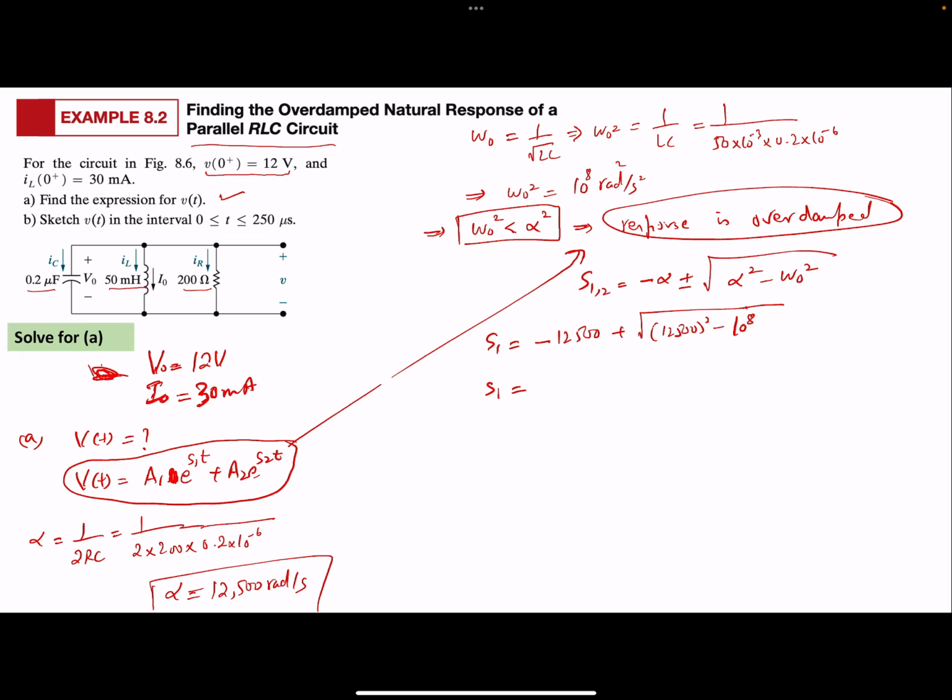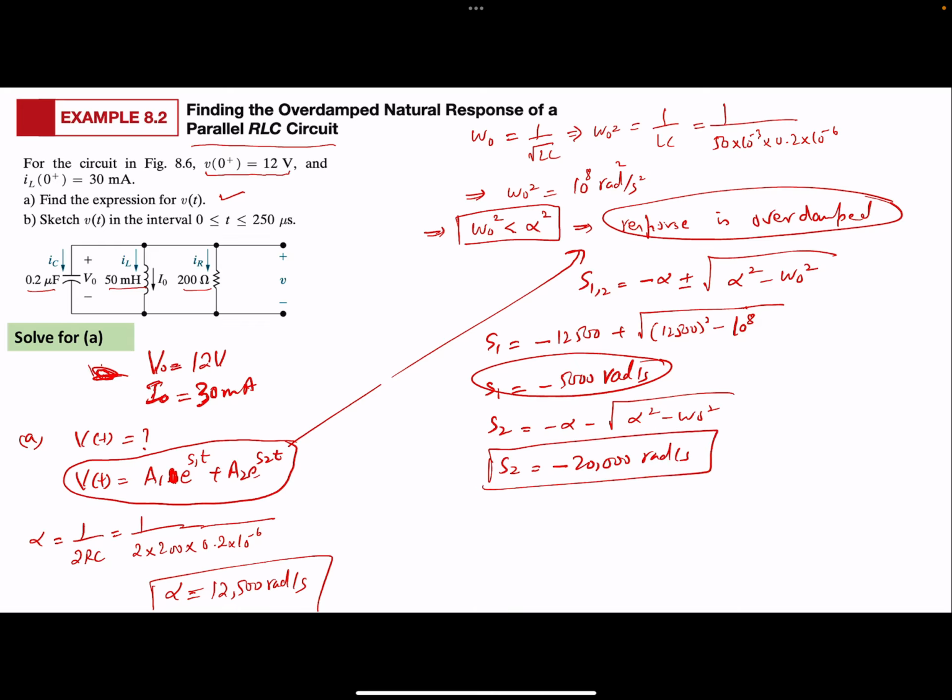S1 comes out to be minus 5,000 radian per second. Similarly, S2 is minus alpha minus the square root of alpha squared minus omega naught squared, and once you replace the values, it comes out to be minus 20,000 radian per second. So I ended up finding the values of both S1 and S2.